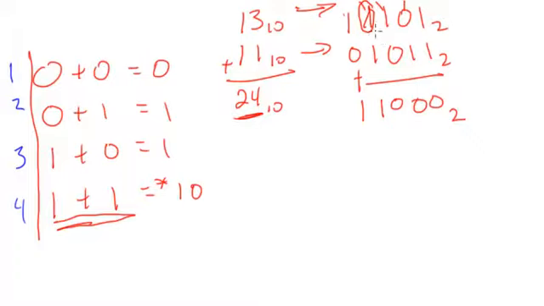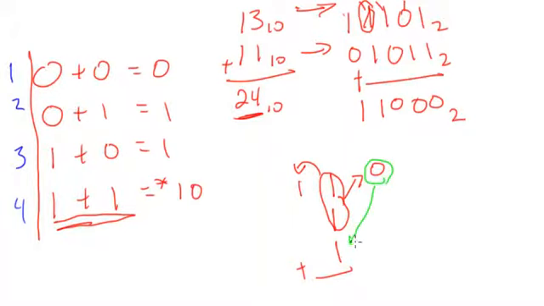So if you didn't see that, three ones added together, 1 plus 1 plus 1 in base 2, will give you 0, and then that 1 will go to the next spot, and then this 0 plus this 1 will give you, by rule 2 or 3, which are the same, a 1.